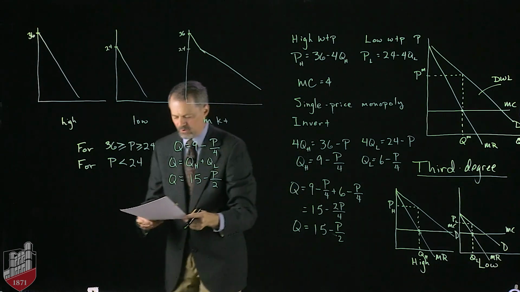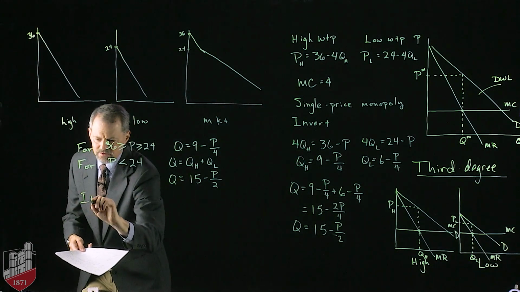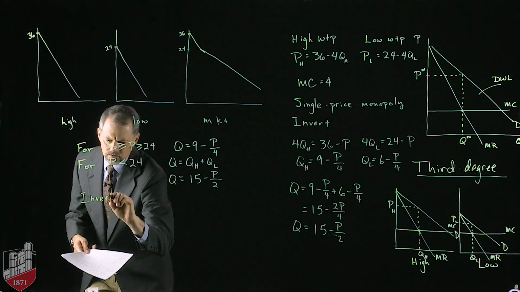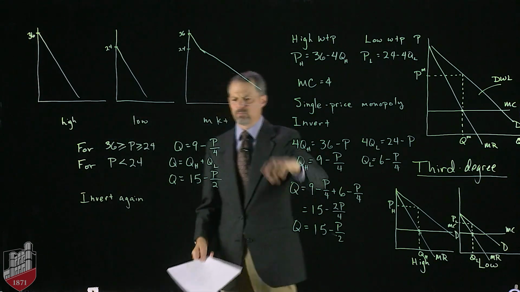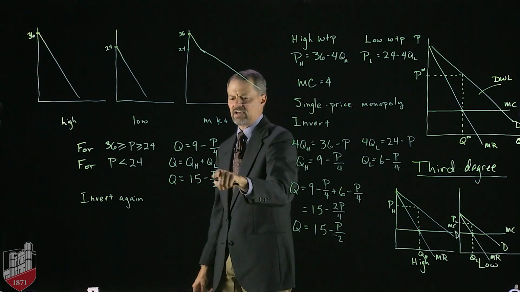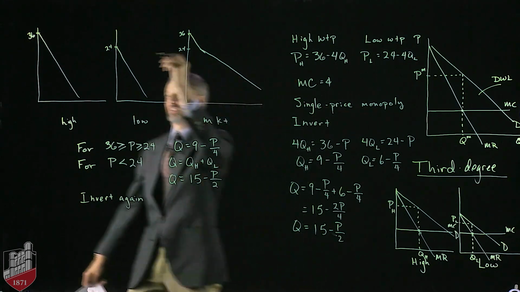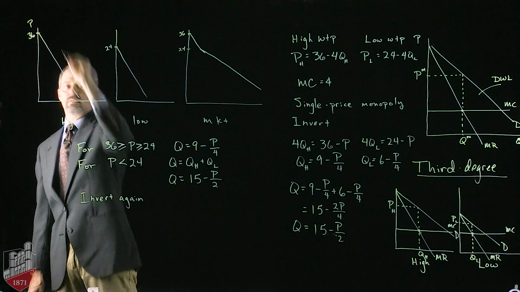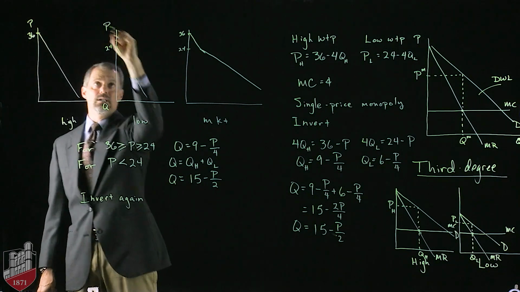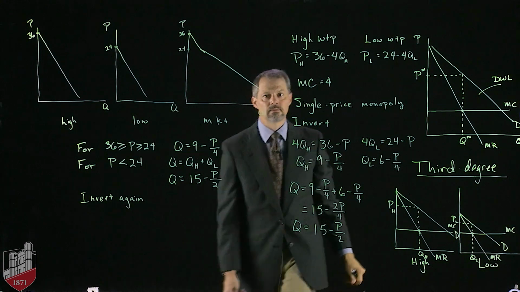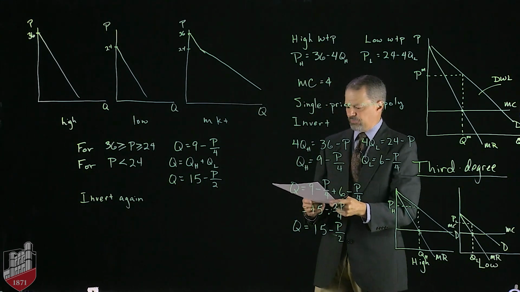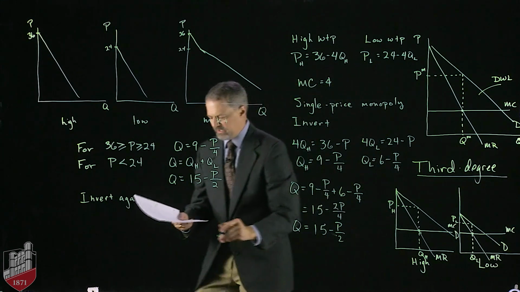So let's invert them again. Because remember, if you're going to graph it, you've got to have P on the vertical axis, because I didn't put it up here, but that's P, Q, P, Q, P, Q. All right, so if we invert them again, here's what we get.